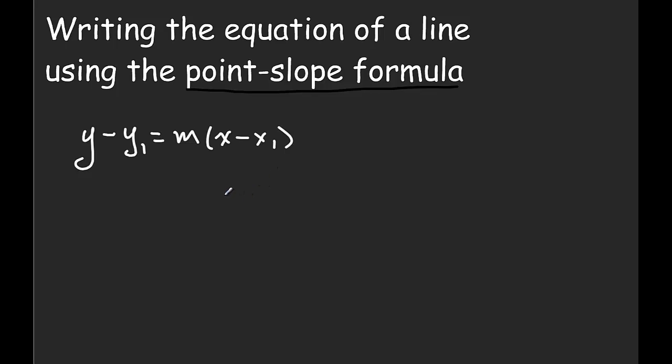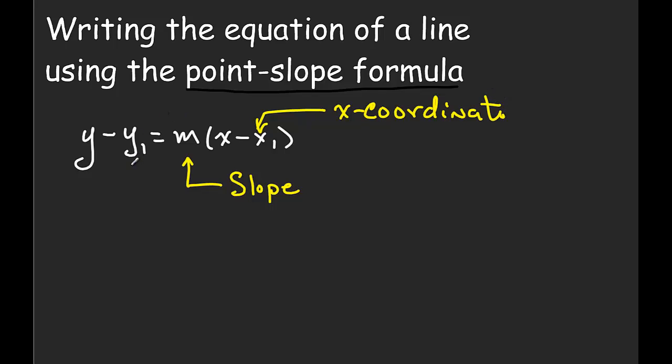Okay? Now there are some very specific elements to this. For instance, the m, everybody should be able to identify as what? Yes, the slope. Now we have x1, and that is the x coordinate that we're given. And the y1, which is the y coordinate.